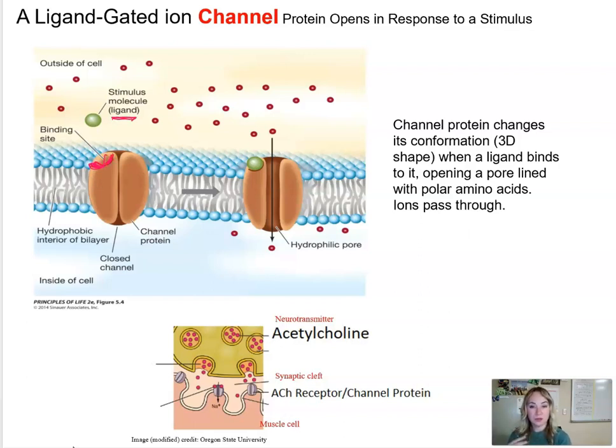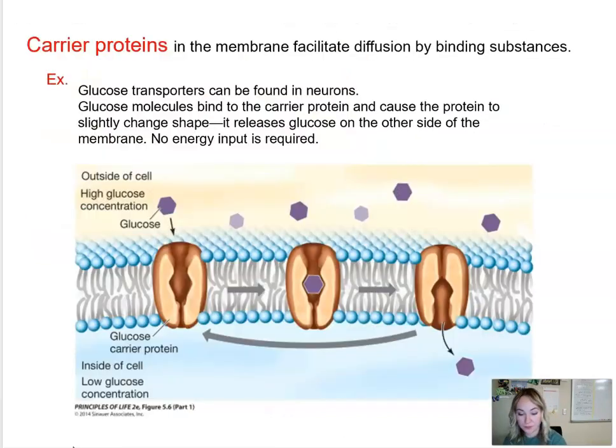And then the protein undergoes conformational change, and as a result, it opens up the pore and allows the molecules to move through. So this is an ion channel, so it means ions are going to be diffusing inside the cell. So this is diffusion because we have high concentration of molecules here and low concentration right here. So you see this is passive transport, but it's happening through the pore, through that channel.